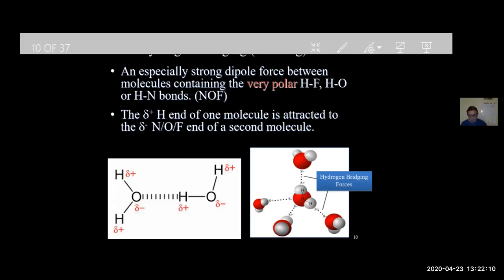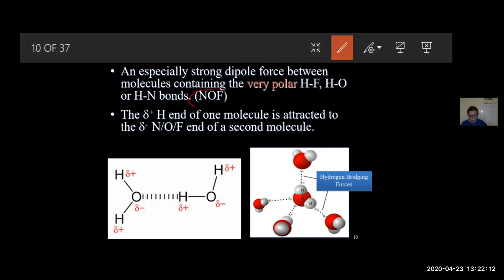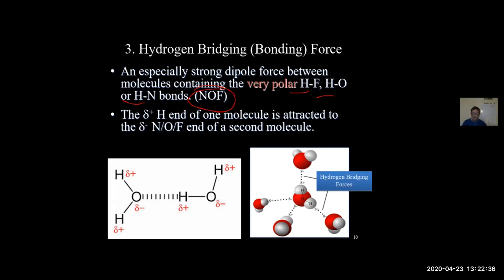You can see up here, NOF, otherwise known as "not on file." When a nitrogen, an oxygen, or a fluorine is bonded to a hydrogen, as I underline those, yes, they have a dipole, but because of the particular property of hydrogen bridging, it only applies to nitrogen, oxygen, and fluorine when they are bonded to a hydrogen.